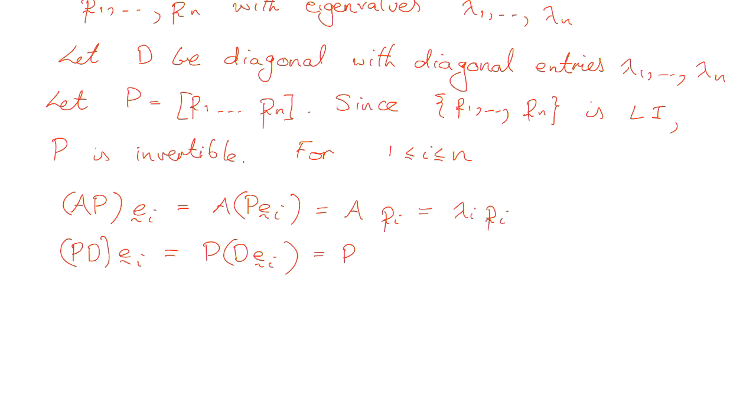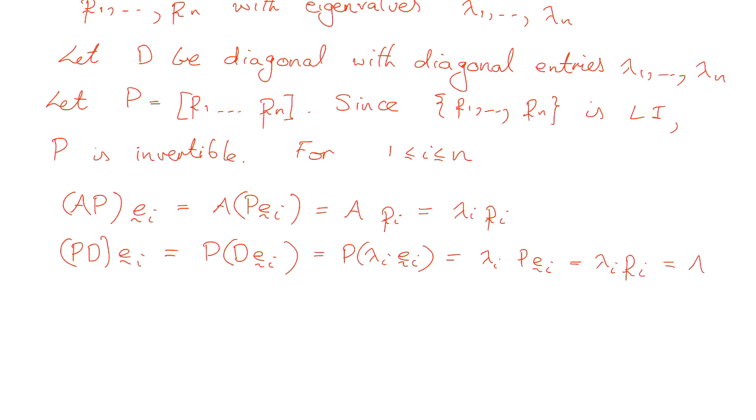The ith column of any diagonal matrix is a multiple of ei, and the multiple is precisely the diagonal entry. This is lambda i ei. Essentially, by definition of D, you could have defined D to be the matrix such that the ith column is lambda i ei. That's equivalent to saying it's diagonal with diagonal entries lambda 1 up to lambda n. So you can pull out that lambda i. We've got P ei again, which is little Pi.